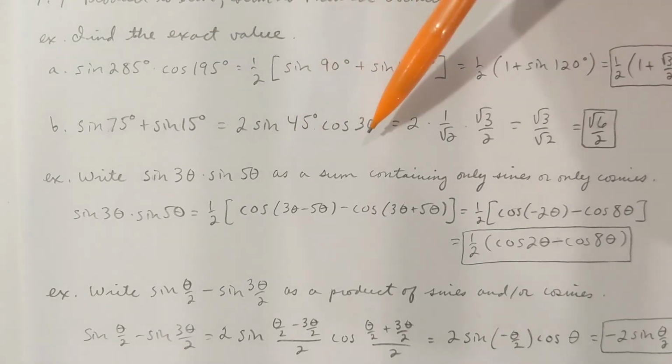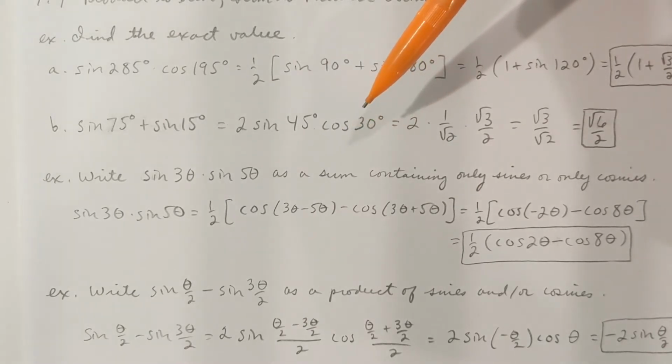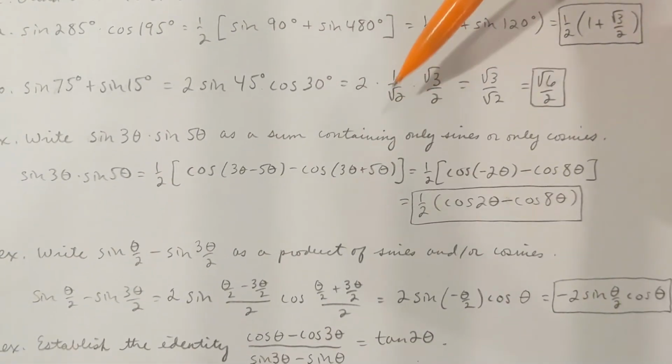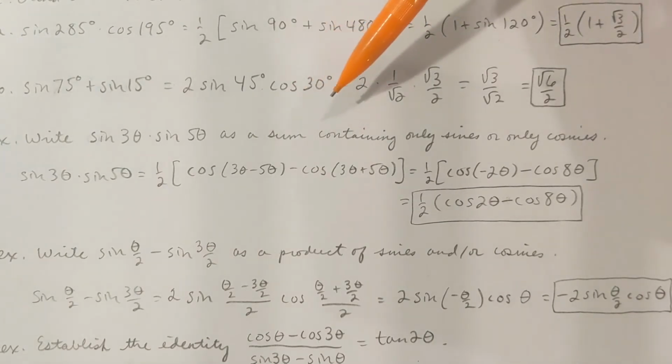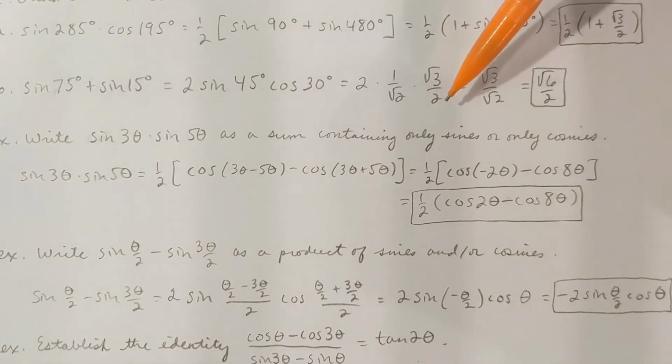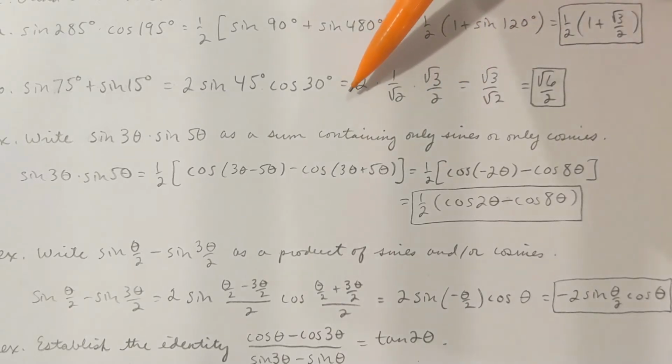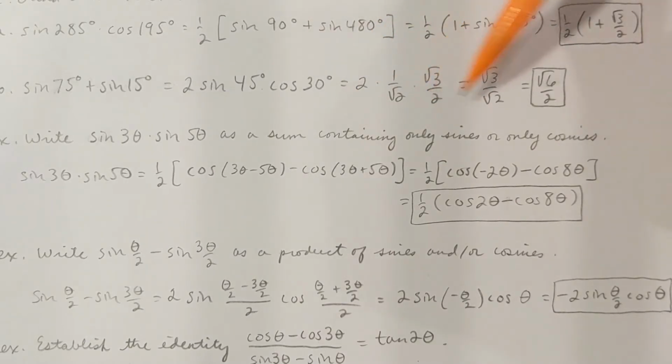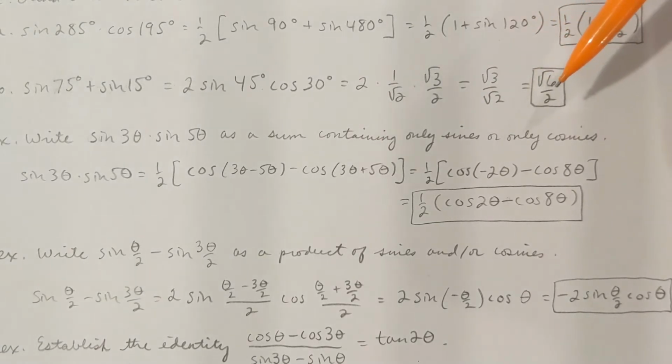The good thing about using that formula is that now I've produced common angles. Sine of 45 degrees is 1 over root 2, and cosine of 30 degrees is root 3 over 2. These 2's will cancel. Root 3 divided by root 2, if you rationalize the denominator, is root 6 over 2, and that's the exact answer.